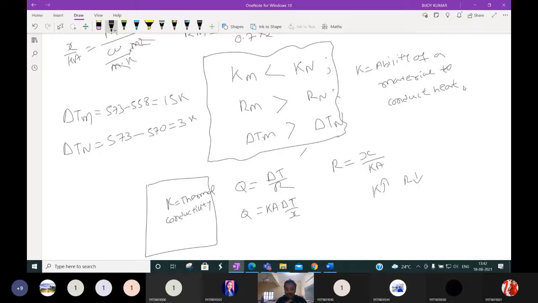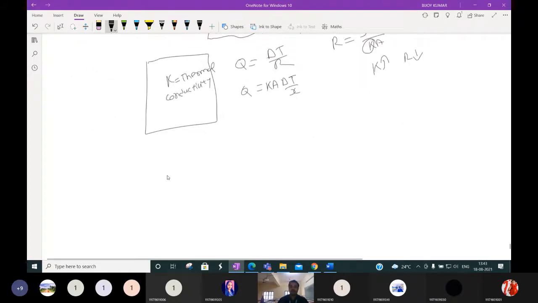In a material, if the thermal conductivity is less, it will transfer heat at a lower rate. If thermal conductivity is high, it means more heat transfer; low means less heat transfer.